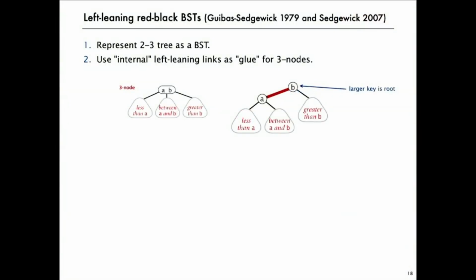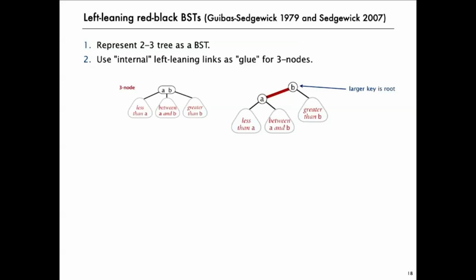The larger of the 2 nodes in the 3-node will always be the root of a little binary search tree of size 2 for the 3-node. And the link between the 2 nodes, the left link that links the larger key to the smaller one, we'll color red, and that's to distinguish those links from the other links in the binary tree so that we can tell when we're inserting things which nodes belong to 3-nodes and which ones don't.